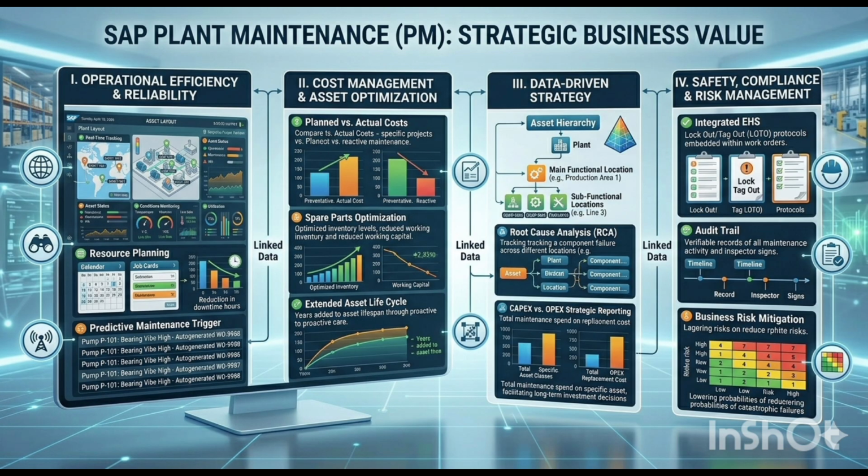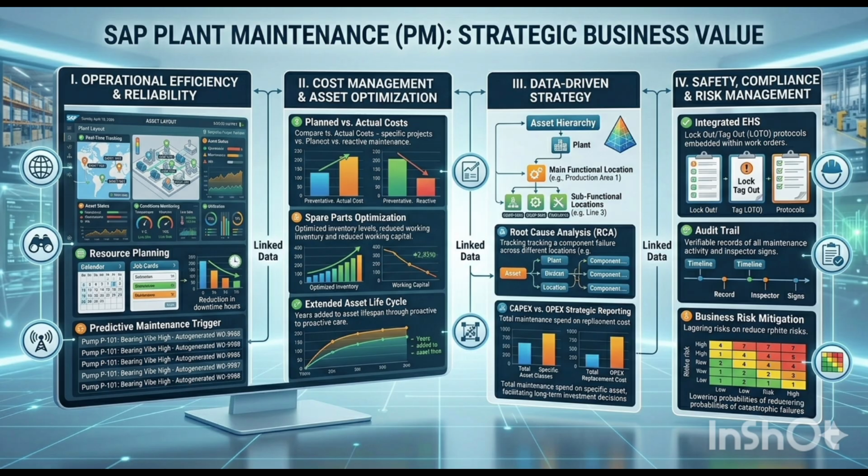So this image is summarizing the high level business benefits of the module across 4 pillars: operational efficiency, improving reliability and resource planning to reduce total downtime hours; cost management, comparing planned versus actual costs and optimizing spare parts inventory to reduce working capital requirements; data driven strategy, utilizing root cause analysis and capex versus opex reporting for long term investment planning; safety and compliance, integrating EHS protocols, audit trails, and risk mitigation matrices.